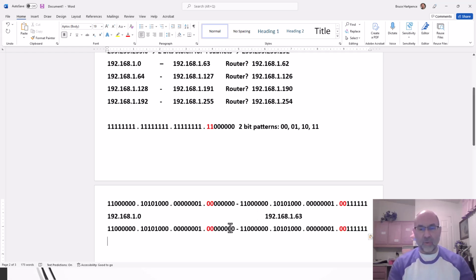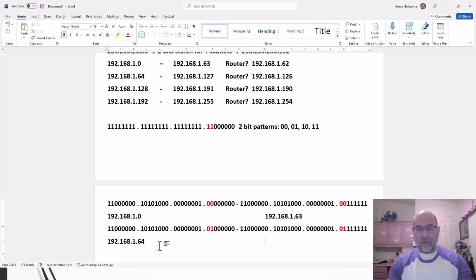All right, so we're going to do this again, okay? But this time we're going to put the next binary pattern in there. Well, what does this come out to be? Well, the lowest address by putting all zeros in the host portion is 192.168.1.64.